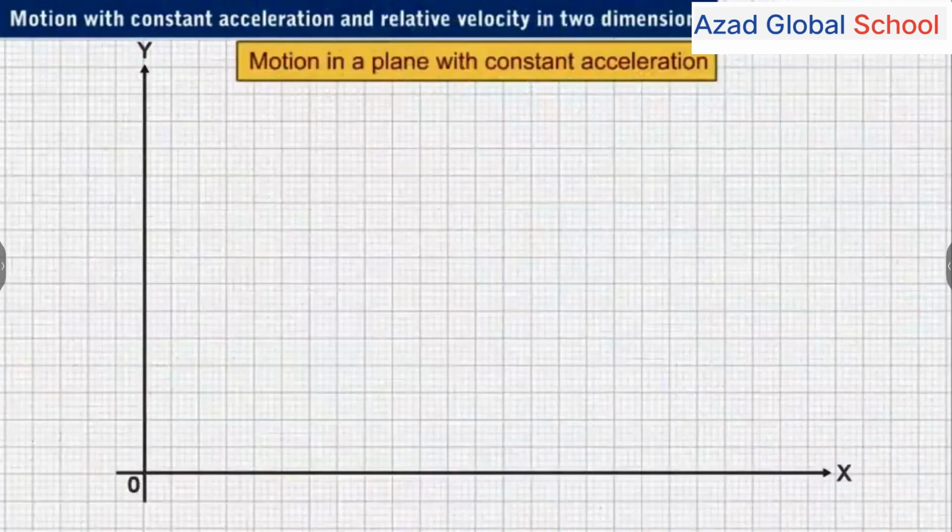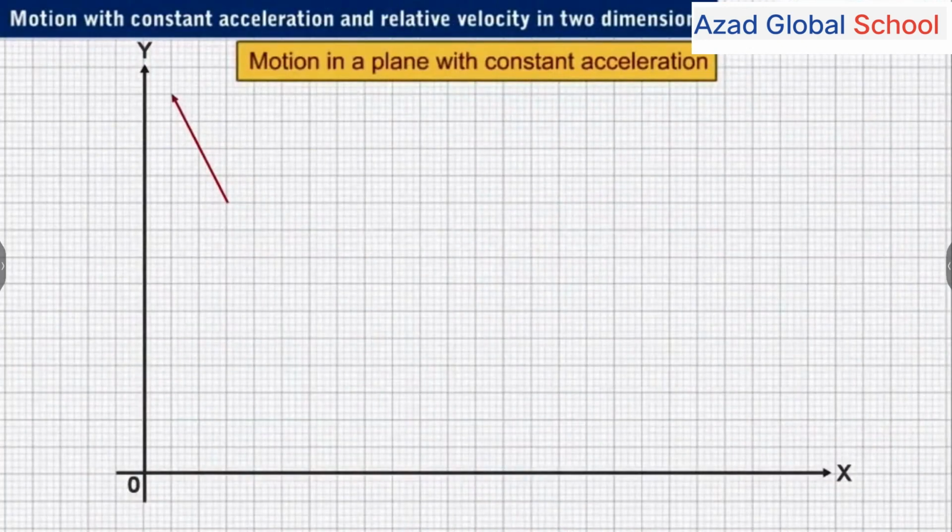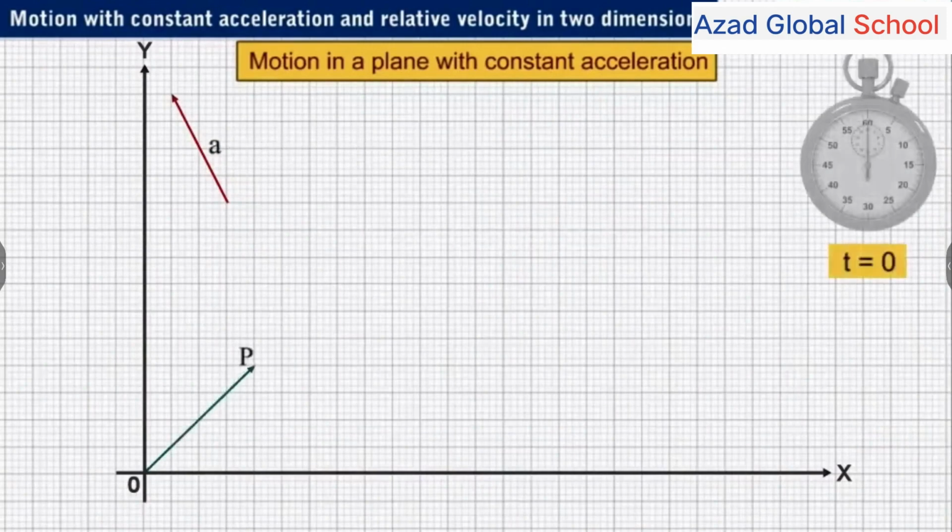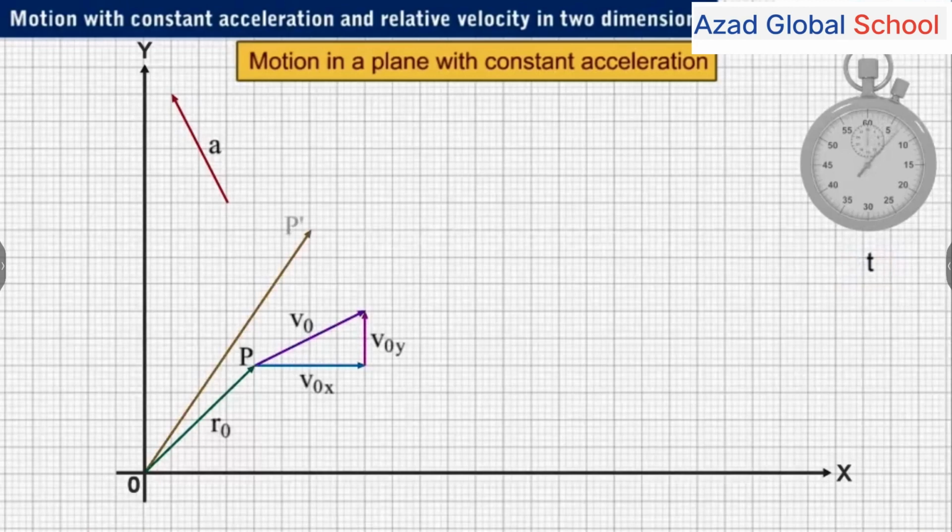Consider the body moving in the xy plane with a constant acceleration a. It is located at point P at time t equal to 0, which has a position coordinate r0 and velocity v0. It reaches point P' at time t equal to t seconds, has a position coordinate r and velocity v.